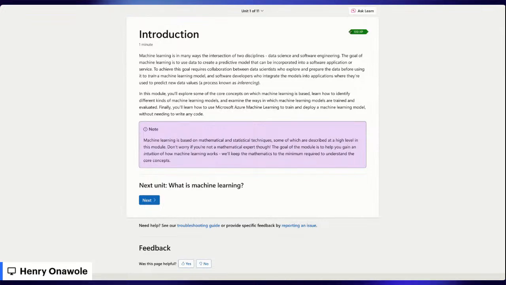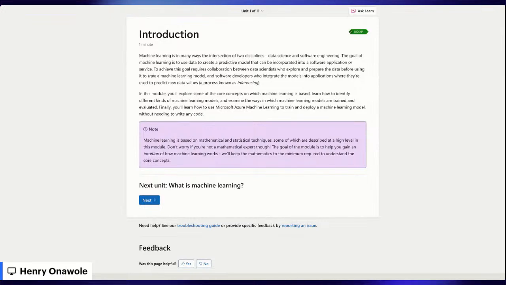To achieve this goal requires collaboration between data scientists who explore and prepare the data before using it to train a machine learning model, and software developers who integrate the model into applications where they are used to predict new data values, a process known as inferencing.